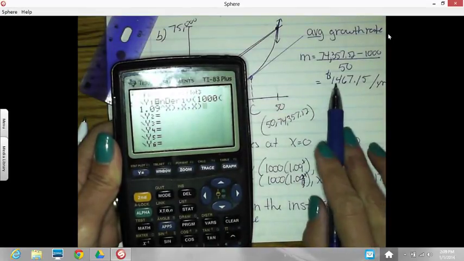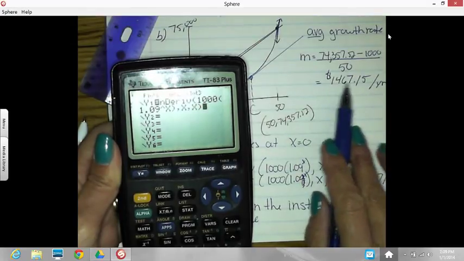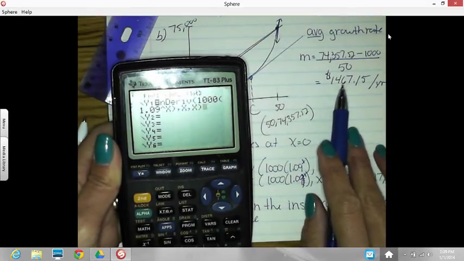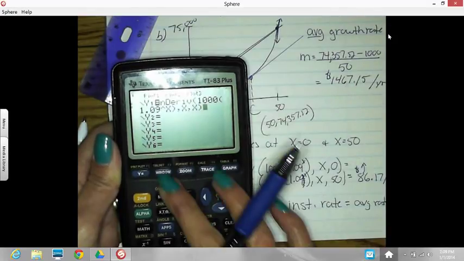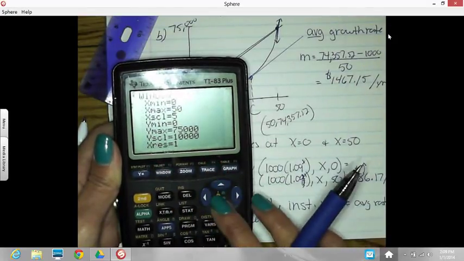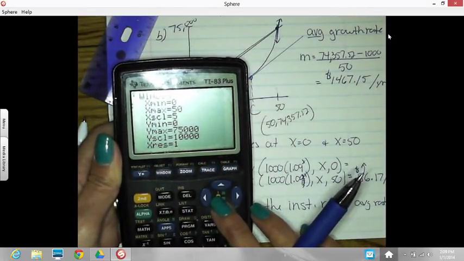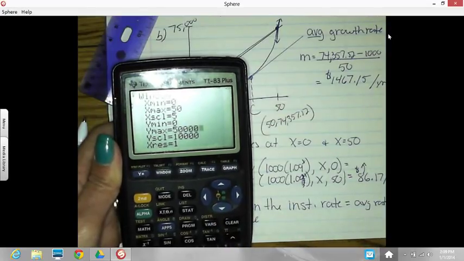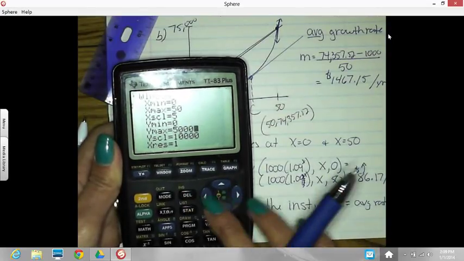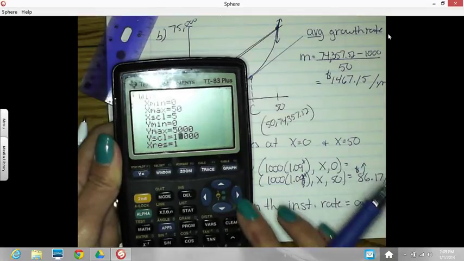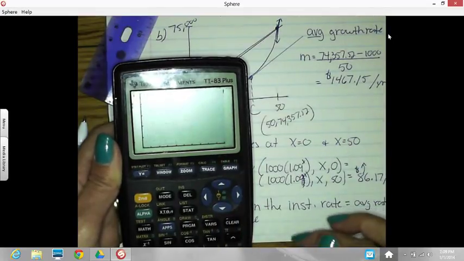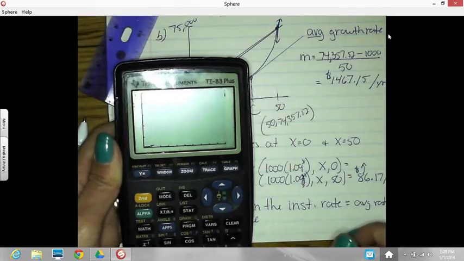And I only need it to go up to, maybe I'll go to like 5,000. So window, I'll have it go to, see if 5,000 is enough. Oops, 50,000. And remember, it's got to do each calculation.